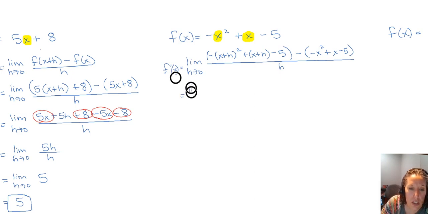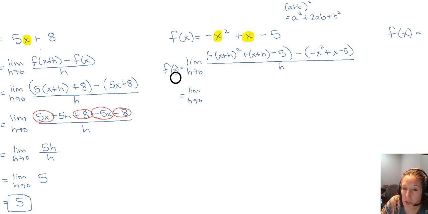All right, so we're going to take the same approach. We are going to expand that numerator as much as we can and then combine like terms. We do have a binomial squared, and we can use a little bit of a shortcut. If we have a binomial squared, that's always going to multiply out to the first one squared plus 2 times the first times the second plus the second one squared.